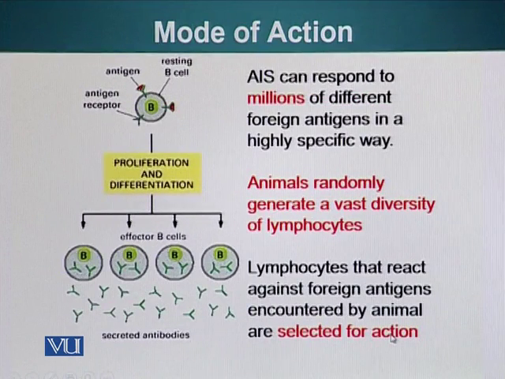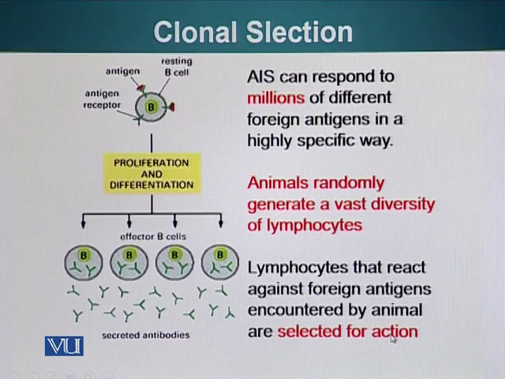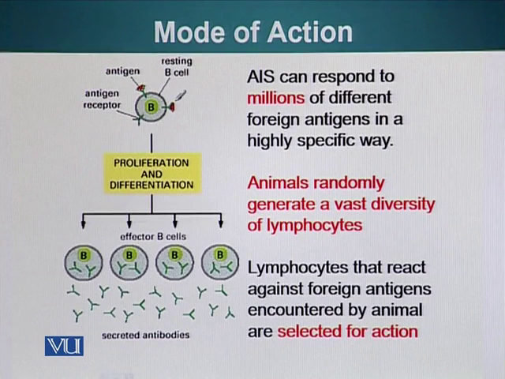So when a B cell binds antigen, when the antibody on its surface binds the antigen, this antigen basically serves as a ligand. This ligand, when it binds this antibody, signals the B cell. It signals the B cell to proliferate, make many copies of itself, and also mature.